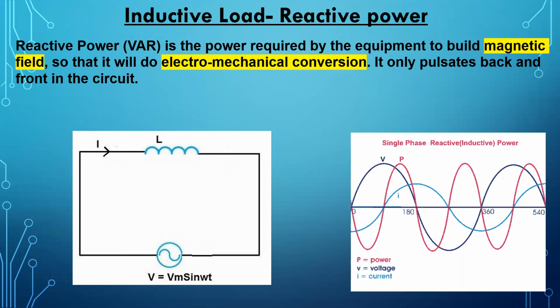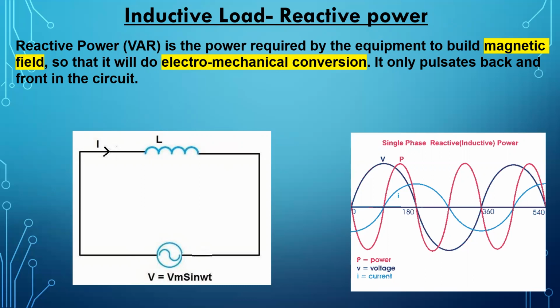What do you mean by this? This is the reactive load, that is the inductive load, and we have capacitive loads also. This inductive load will charge and it has the ability to discharge. So when the power is taken from the source, it starts to charge. And after that, it will discharge back to the source.